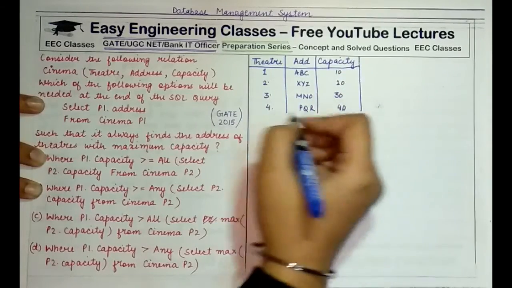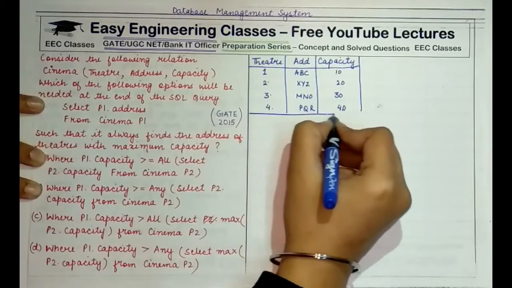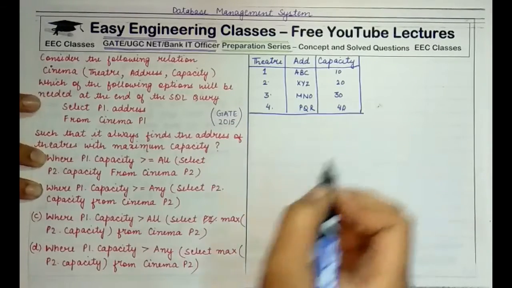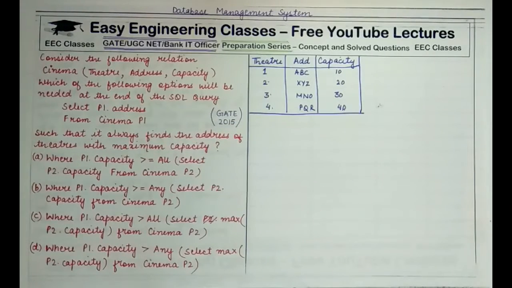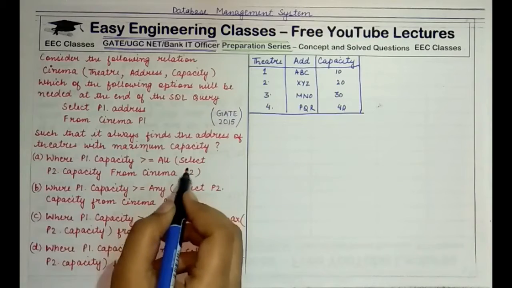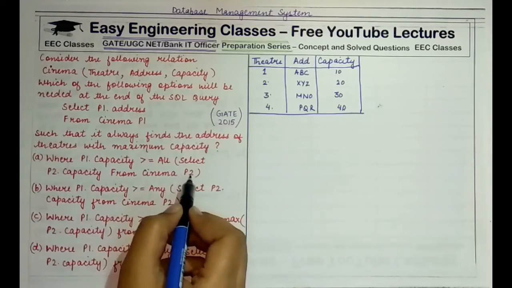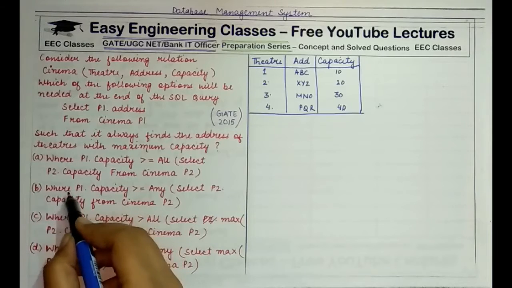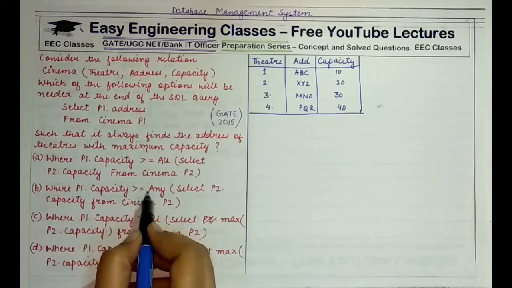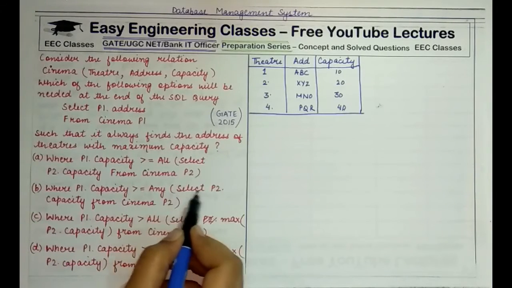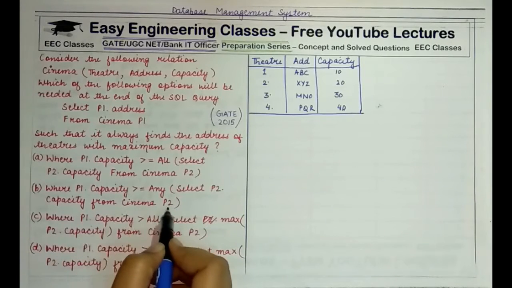Okay, so now let's see what the options are and how they differ from each other. The first option is where P1 dot capacity is greater than equal to all. The inner query is select P2 dot capacity from cinema P2. The next option is where P1 dot capacity greater than equal to any, and the inner query again is select P2 dot capacity from cinema P2.